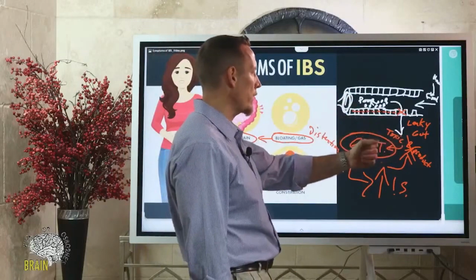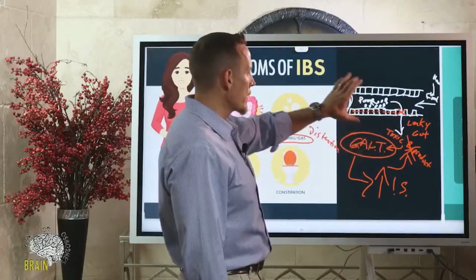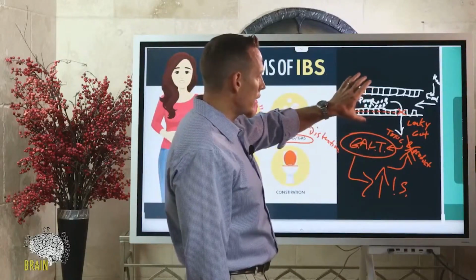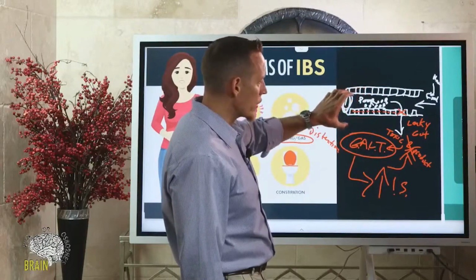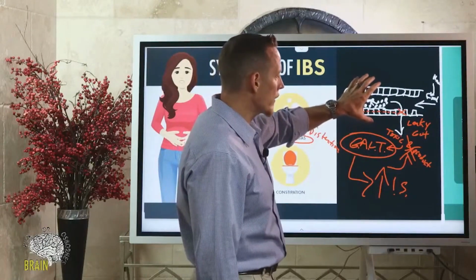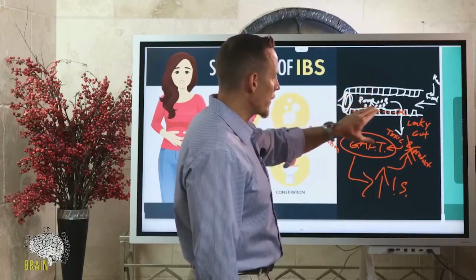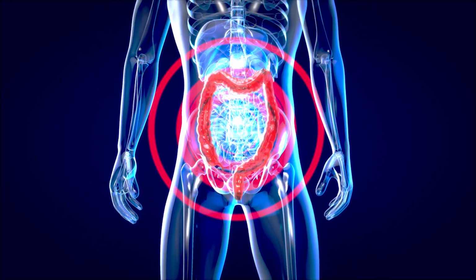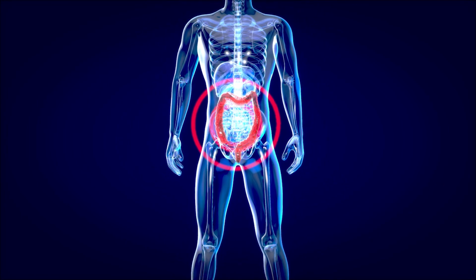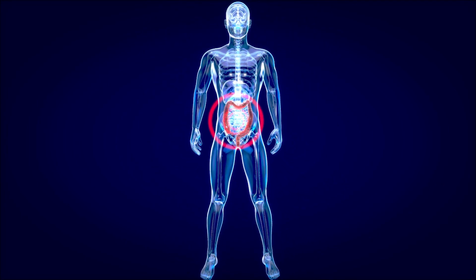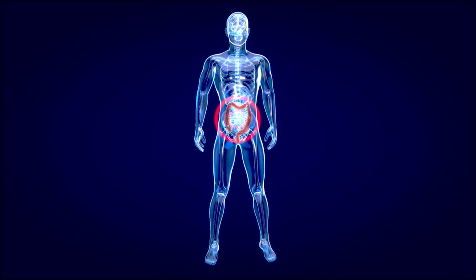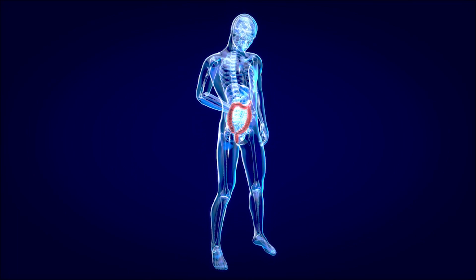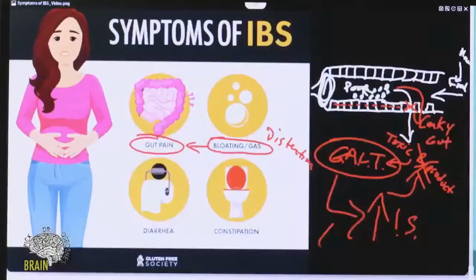So a lot of times, as the leaky gut occurs, or as the IBS, the irritable bowel contraction occurs, blocking the passage of stool, that stool sits here for a lot longer and it marinates inside of you, and then it starts leaking through, activating and engaging the immune system. And so oftentimes what will happen, beyond this, what happens when your immune system is overengaged? You develop autoimmune disease. This is the big issue.